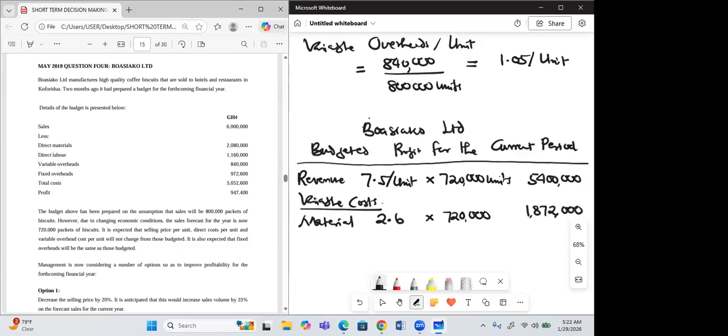What about labor? Labor is 1.45 by 720,000, which is 1,044,000.